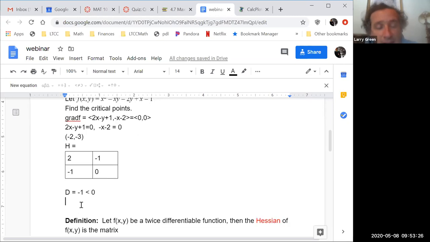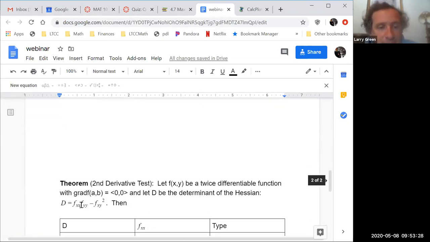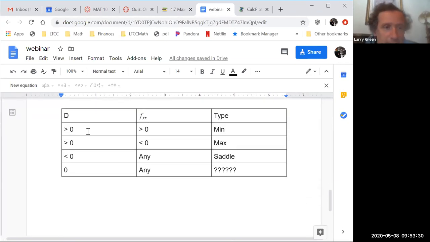Now again in our table, we have less than 0. So what does that tell us? What do we have? Yes, we have a saddle point.